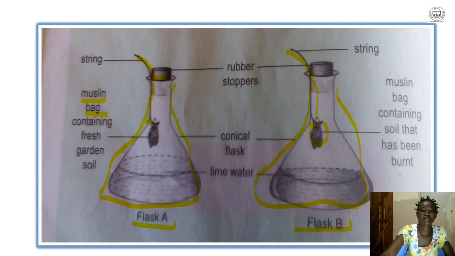But make sure that one muslin bag contains fresh garden soil, while the other one contains burnt soil.